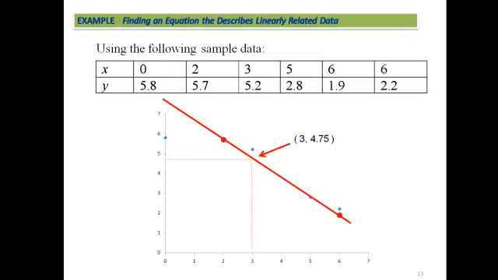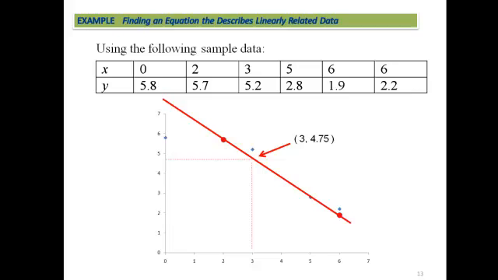So, the point x equals 3, y equals 4.75, that's the point on the line with an x-coordinate of 3, and we interpret y equals 4.75 as our predicted value of y whenever x equals 3.